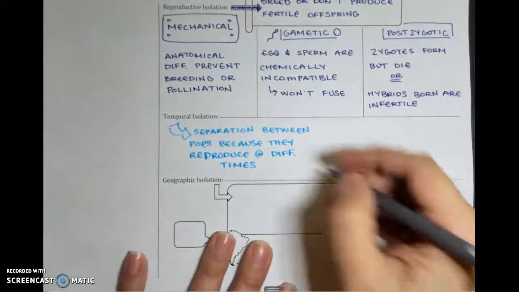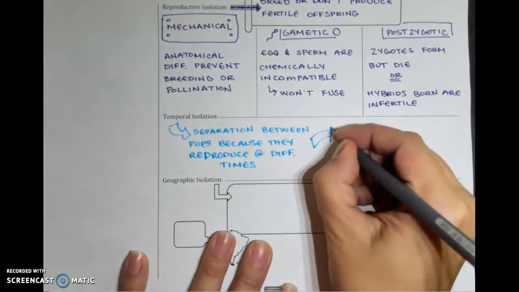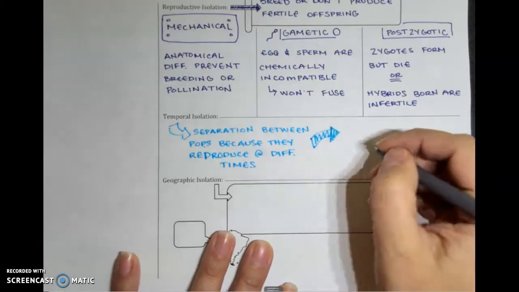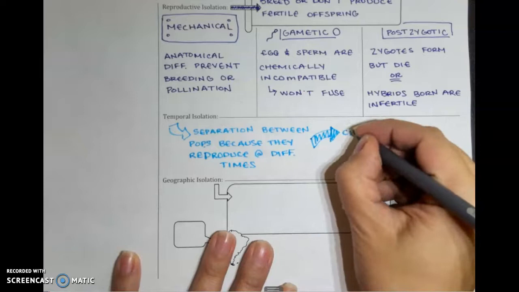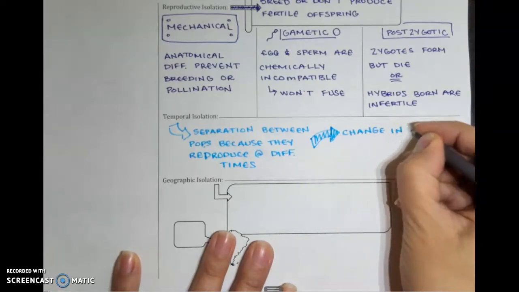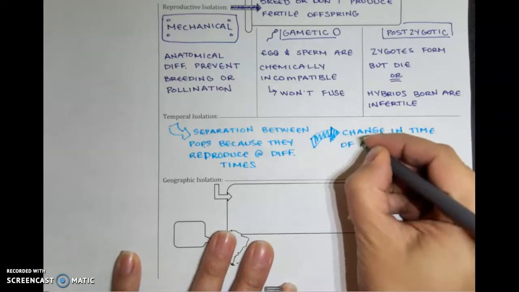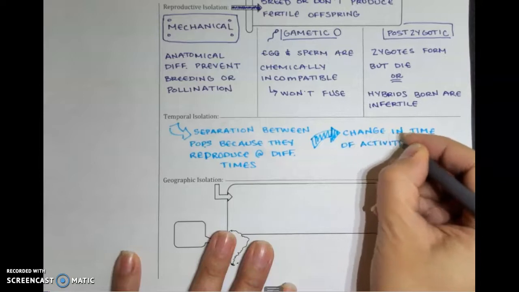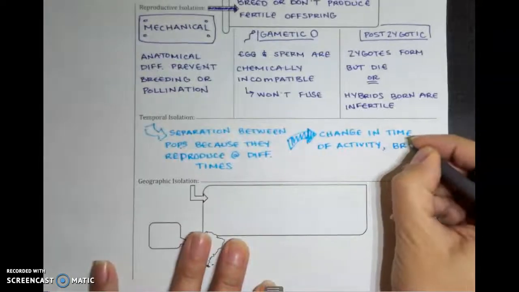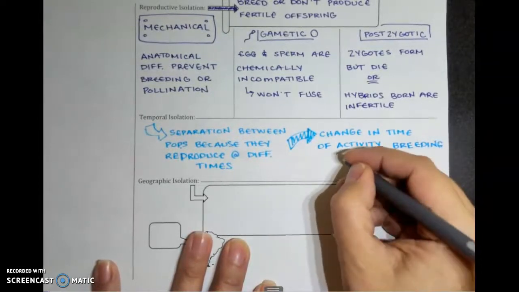Notice here again, this is a change in time of activity. The examples we gave were seasonal breeding or migration.